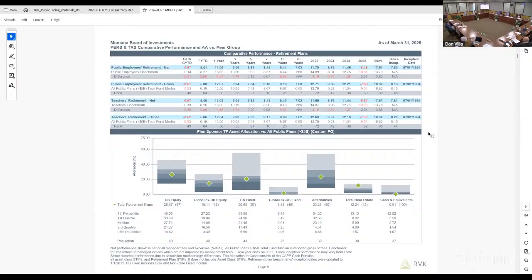Real estate is really the category where you have a higher allocation than other peers at 12%. Again, the attractive features of real estate, and our prior presentation went over this, but the diversification that real estate gives you with equity is quite powerful.